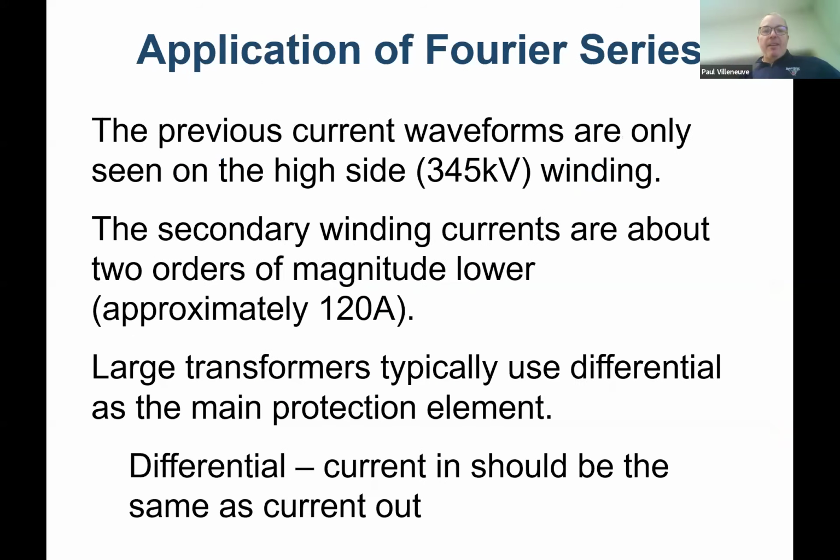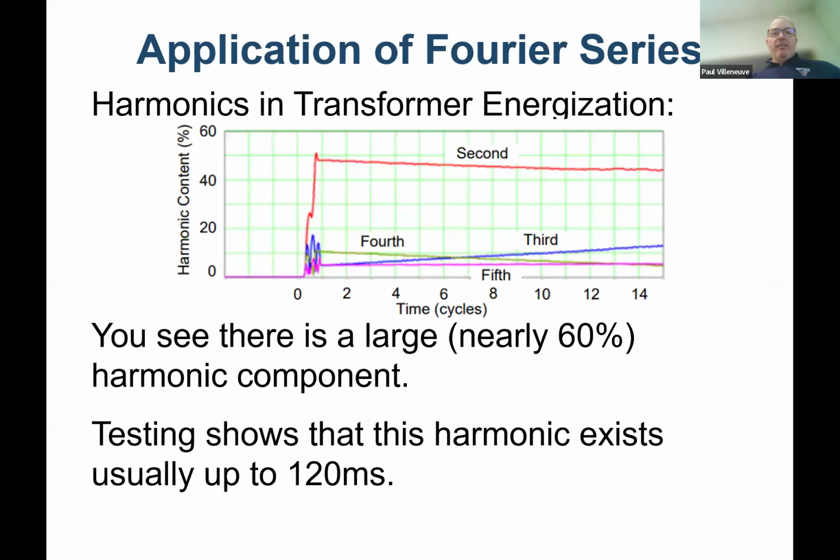Well, what ended up happening is, here are the harmonics that you'd actually see when you energize a transformer. Look at the 5th, 3rd, and 4th, pretty darn small. Look at the 2nd.